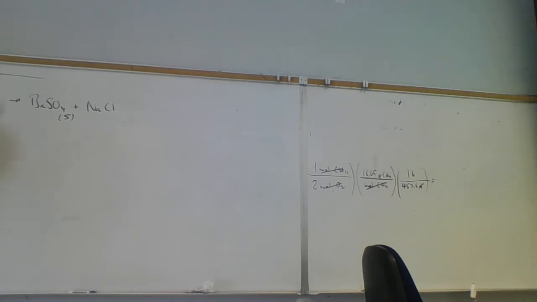Now, they told us that this is the excess, this is the limiting reagent here. And we're going to calculate the theoretical yield of barium sulfate based on the, what, excess reagent or the limiting reagent? Based on the limiting reagent.